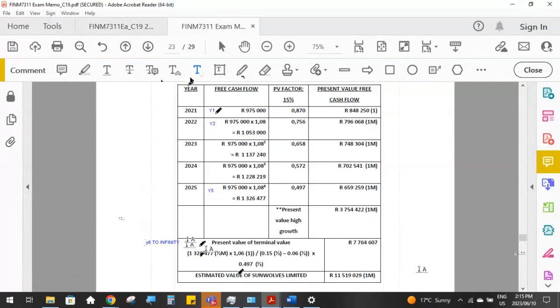To calculate that, we took year 5's Rand value and grew it by 6%, because remember the terminal value from year 6 onwards, we said that the free cash flow is going to grow by 6% per annum. So this part of the formula is basically your perpetuity formula.